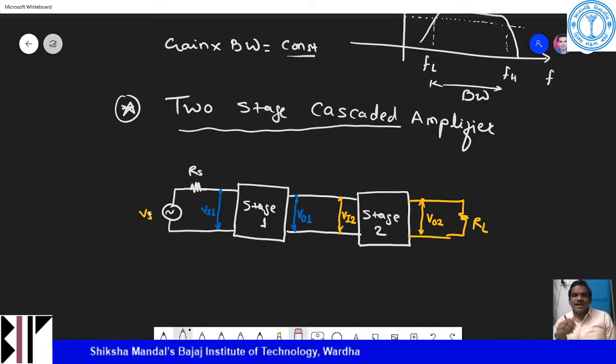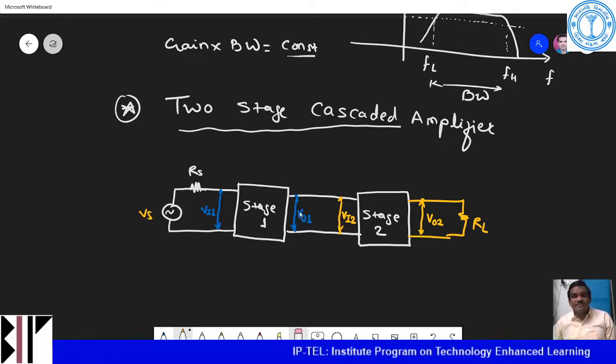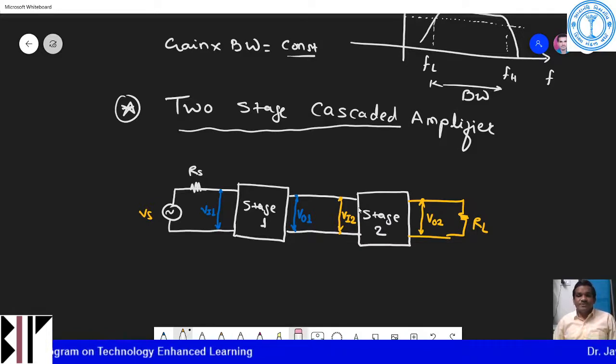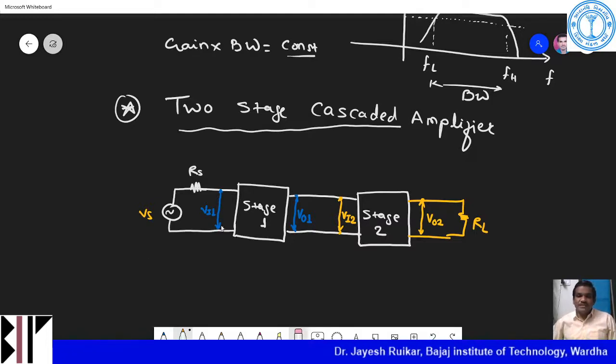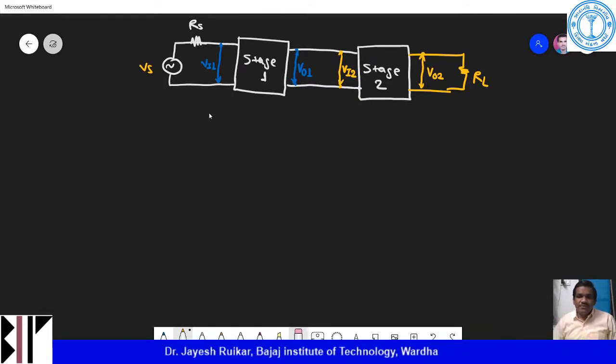So these stages, stage 1 and stage 2, are connected in such a way that the output of the first stage is connected as the input of the second stage. If I want to calculate the overall voltage gain, that is my output voltage divided by my input voltage.